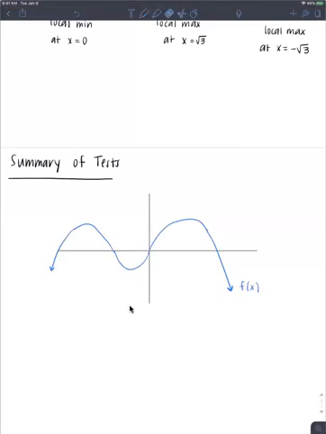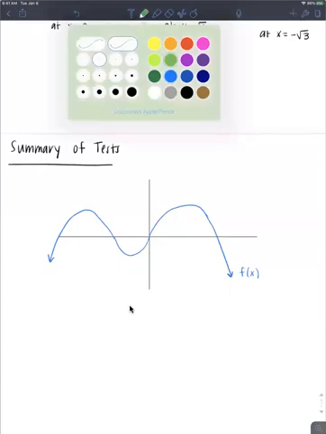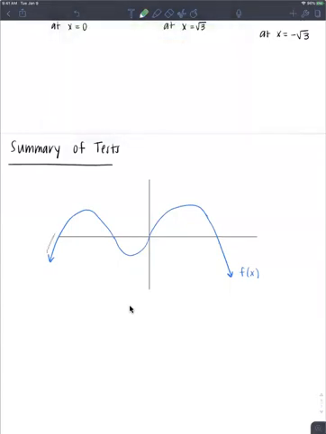Then, when I go and draw the first derivative, this portion right here, from negative infinity up to this very first part, this first derivative is what? Positive, negative, or 0?